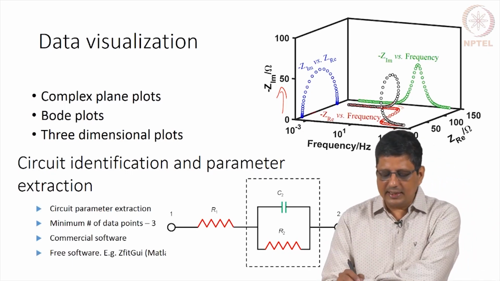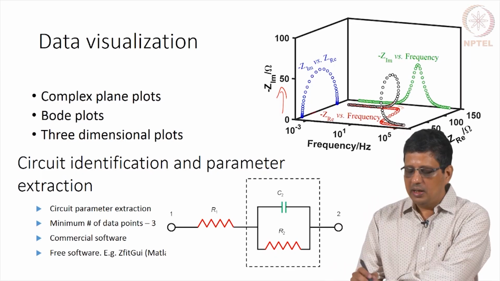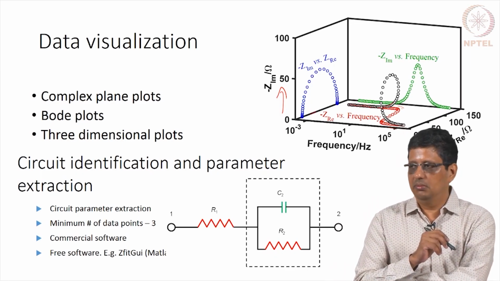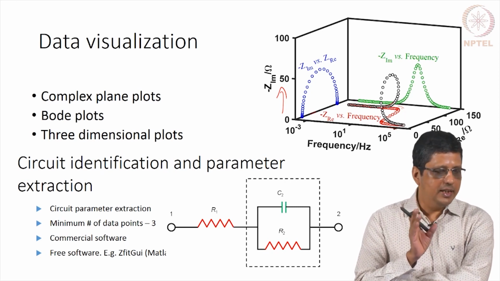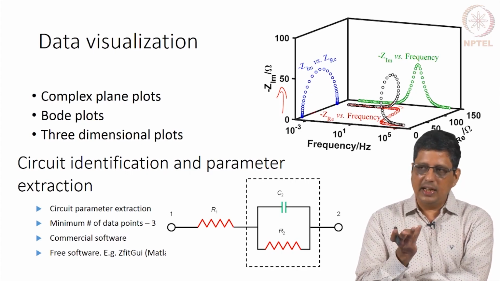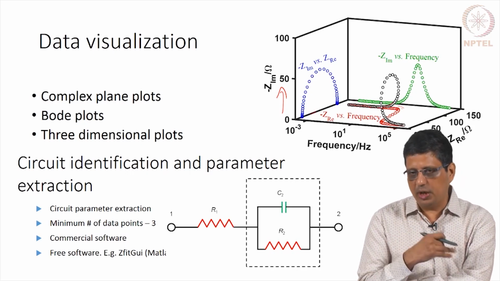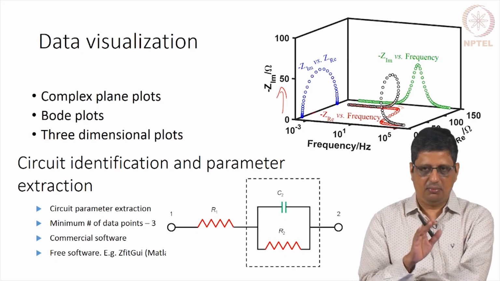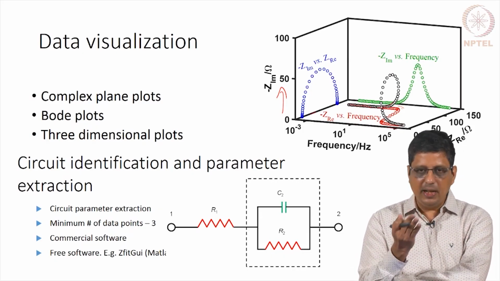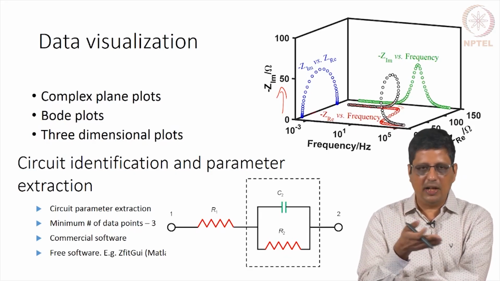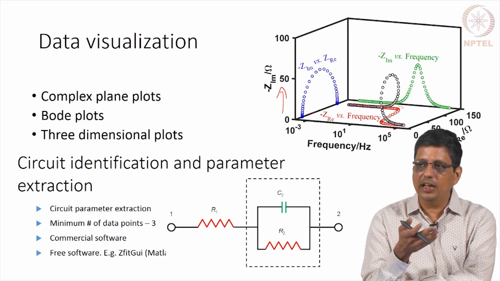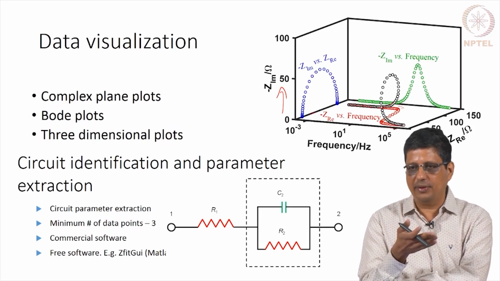So, if I want to extract parameters from this, I want to extract 3 elements. If I say I want to fit this data to a linear equation y equal to a plus bx, you want to get a and b from this, you need minimum 2 points, 2 pairs. If I want to fit it to a quadratic equation, I need minimum of 3, although it is better to have many more points to do linear regression, but if I give you 1 point, you can get infinite number of solutions for any linear equation.